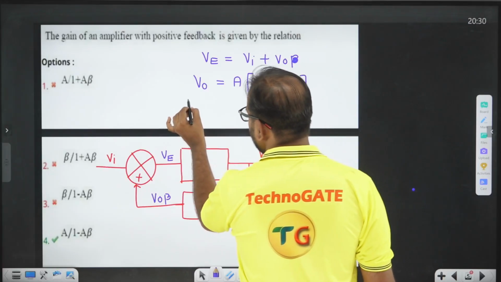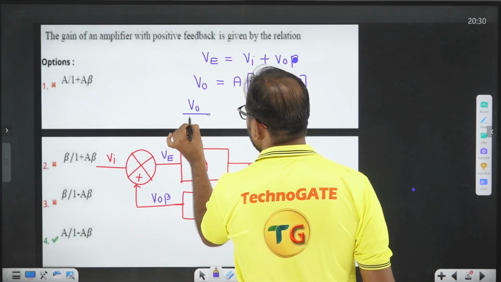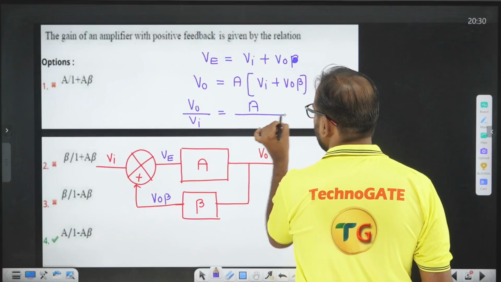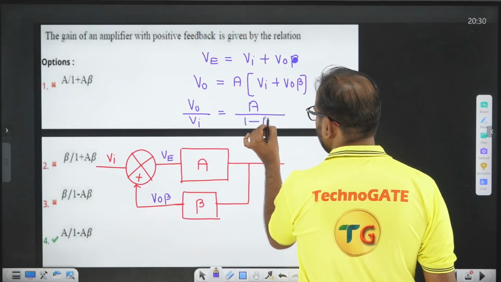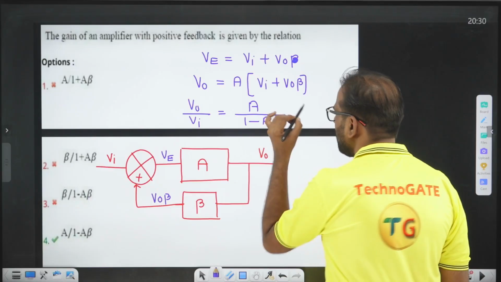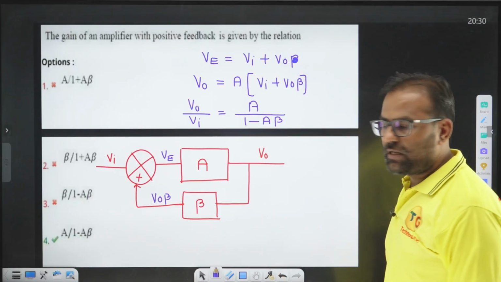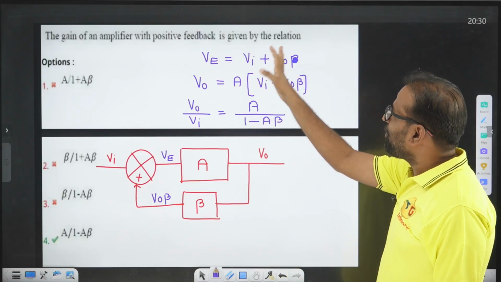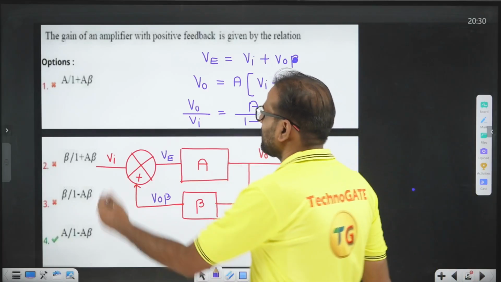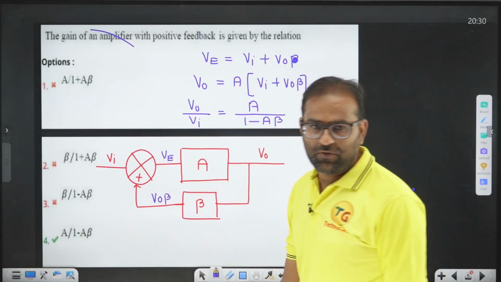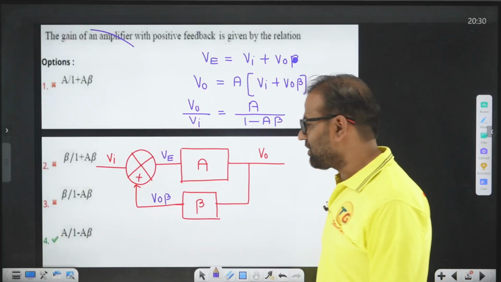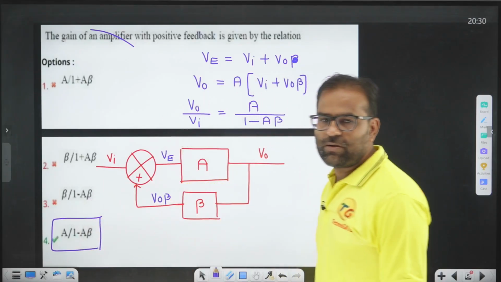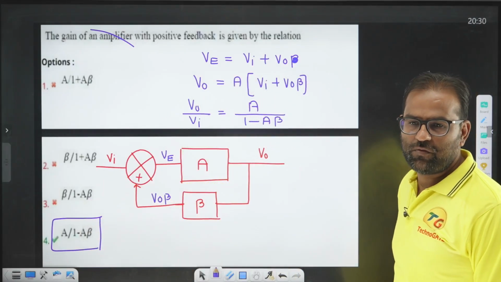Taking V out common, the ratio V out divided by VI is A divided by 1 minus A beta. So they are asking for the gain of the amplifier with positive feedback. Always remember, the positive feedback circuits are generally non-linear. So which option is correct here? A divided by 1 minus A beta is the correct option for our question.